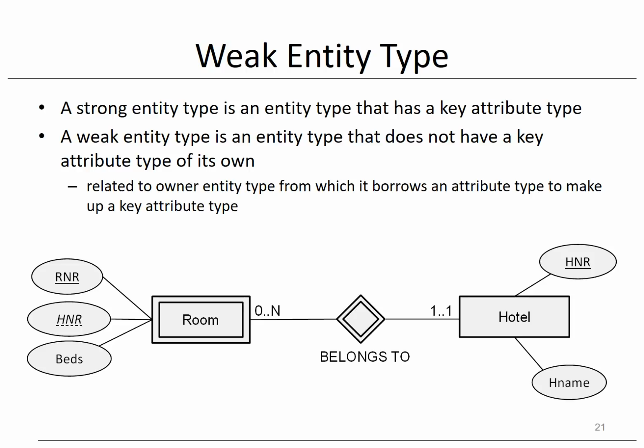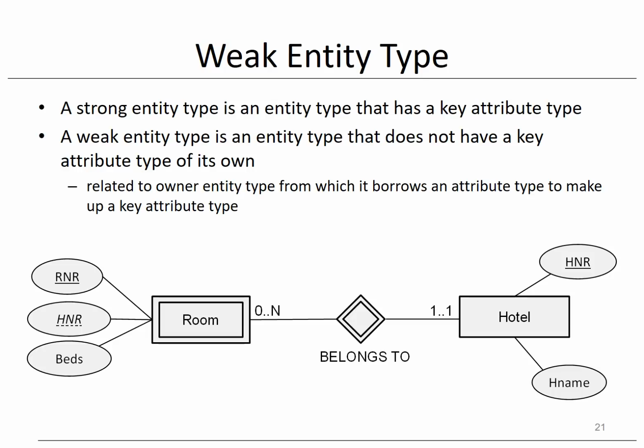Consequently, the entity type room is a weak entity type, since it cannot produce its own key attribute type. More specifically, it needs to borrow HNR from hotel to come up with a key attribute type, which is now a combination of its partial key RNR and HNR.